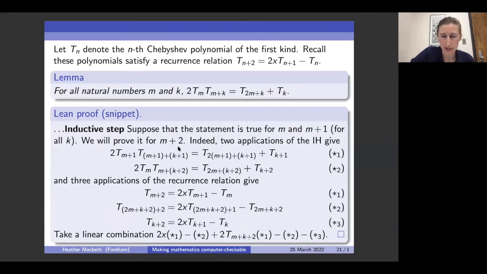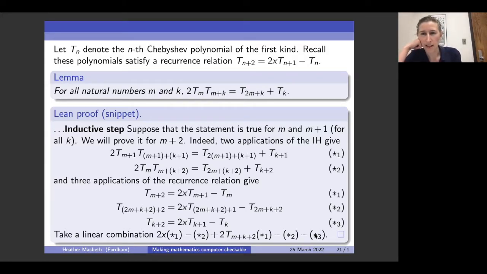I just state all of the things I want to know. So I know that I have these 2 uses of the inductive hypothesis and these 3 uses of the recurrence relation. And I tell it, take an appropriate linear combination of these 5 identities, each with the right coefficients: 2x times the first one, minus 1 times the second one, 2 times the third one, minus 1 times the fourth, and minus 1 times the fifth.